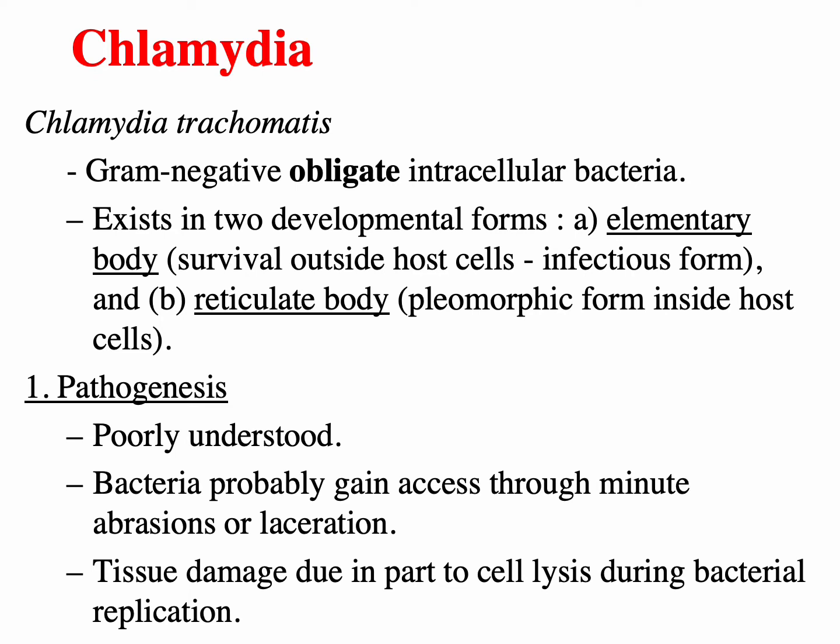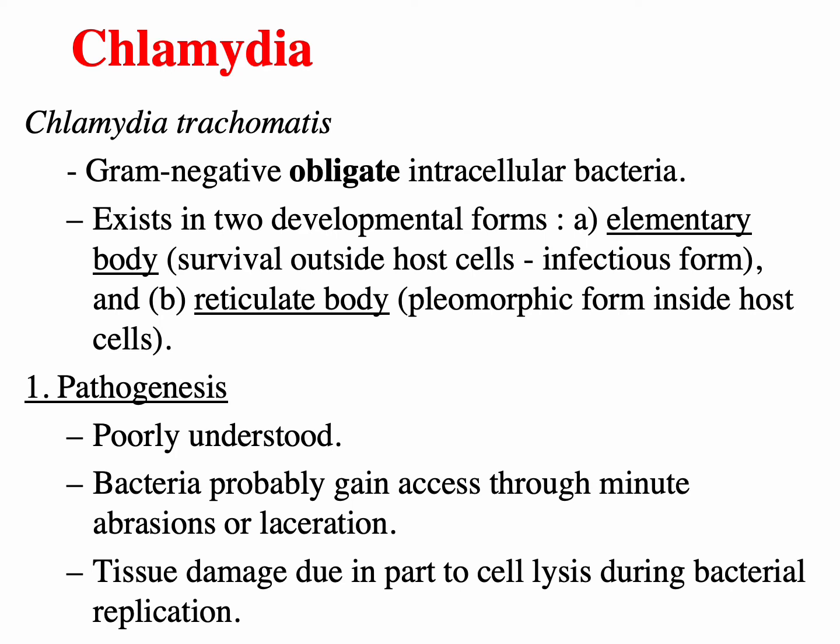So you cannot just grow chlamydia on an agar plate like you grow E. coli, staphylococcus or streptococcus. You need tissue culture where you have mammalian cells growing, and then you infect them with chlamydia. Chlamydia goes inside those cells, starts to multiply, and then comes out again. So the life cycle requires a step of multiplying inside a mammalian cell, and so we call it obligate intracellular bacteria.